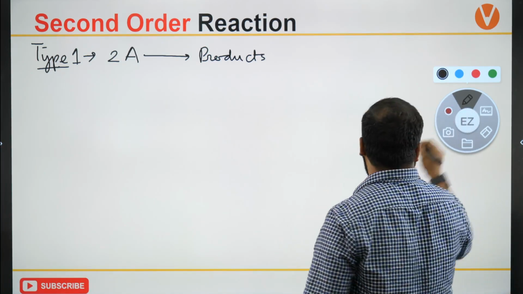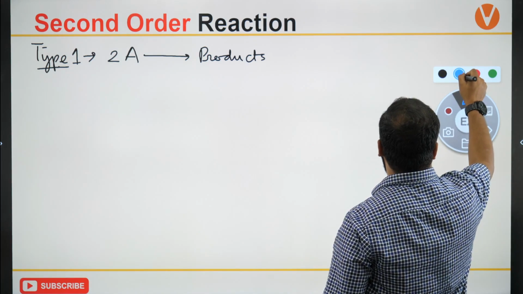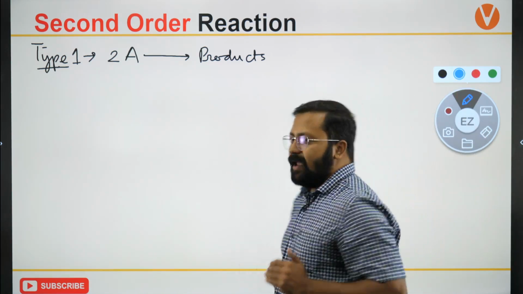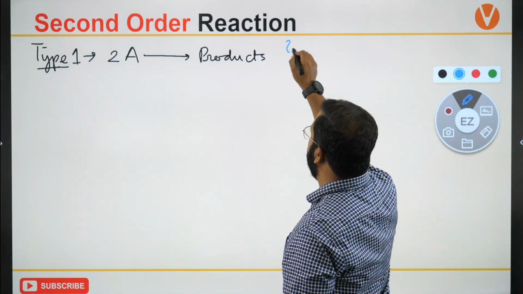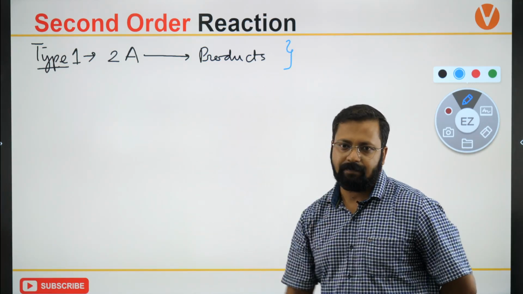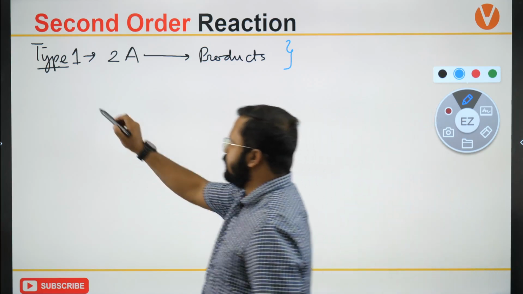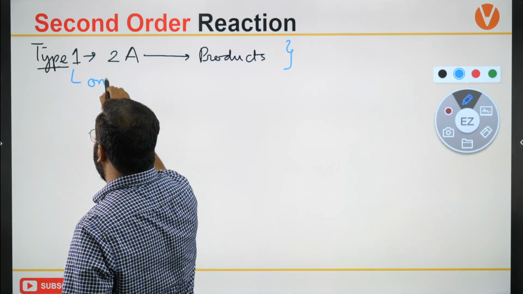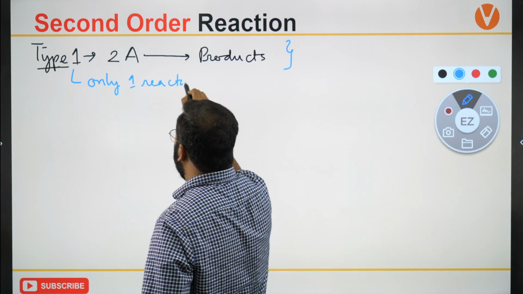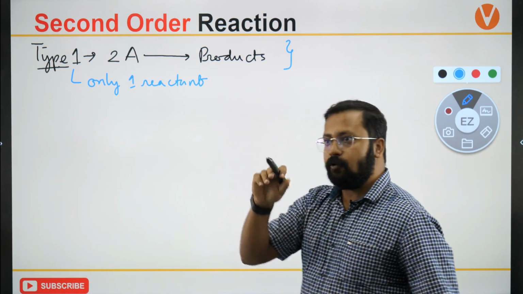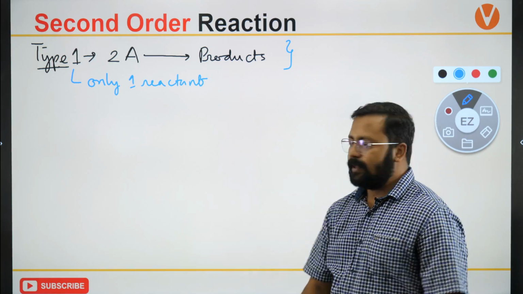Okay. There is a type 2 kind of second order reaction. So what is the type 1 kind of second order reaction? A type 1 kind of second order reaction is one which has only one reactant. Only one reactant.